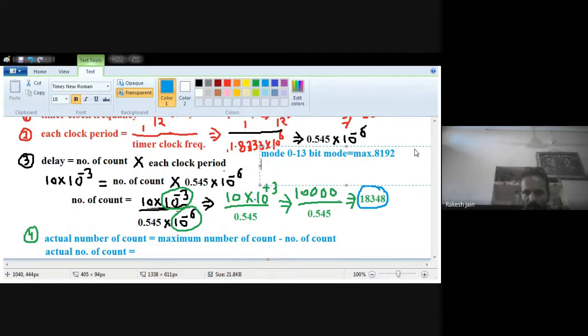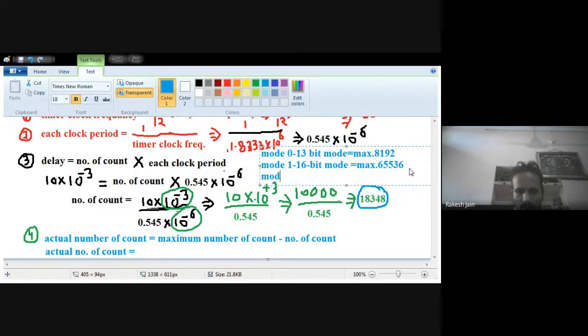Now the second one is mode 1, which is 16-bit mode. So the maximum value is 2 raised to the power 16, that is 65536. You will find the maximum value is always 2 raised to the power 16, that is 65536.